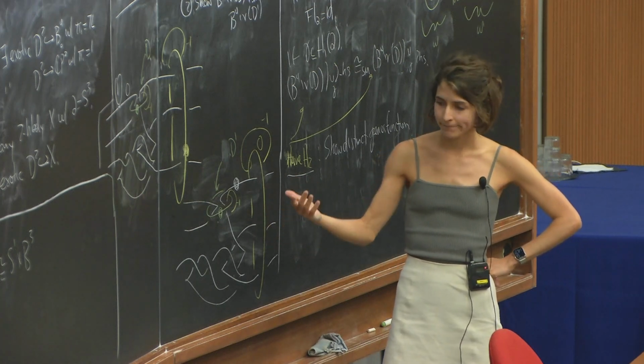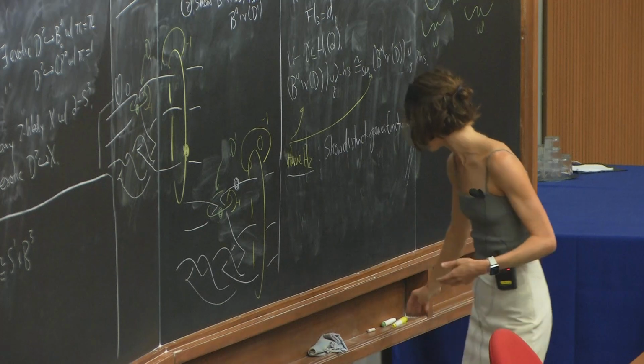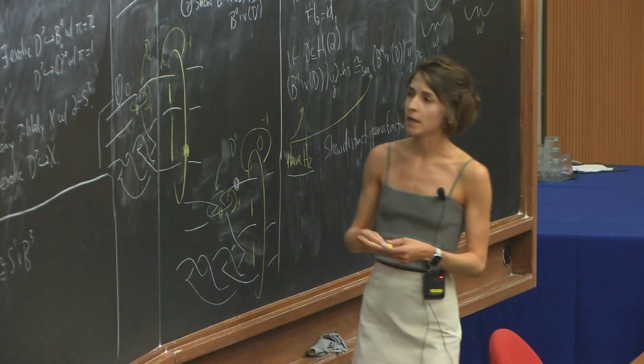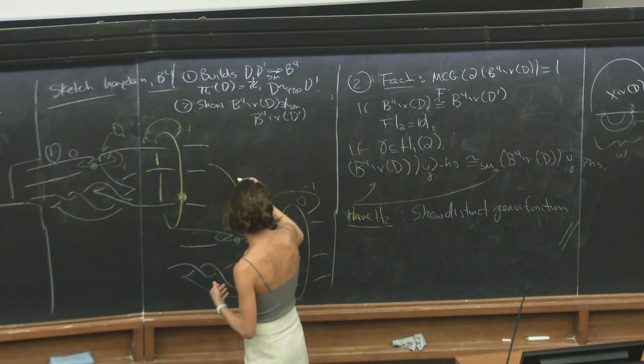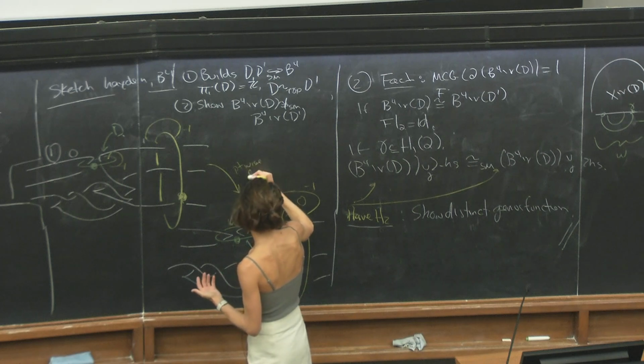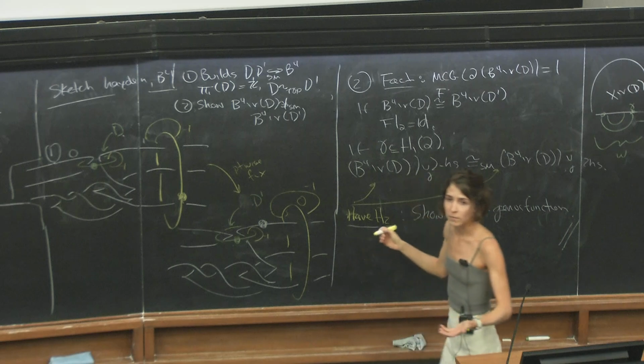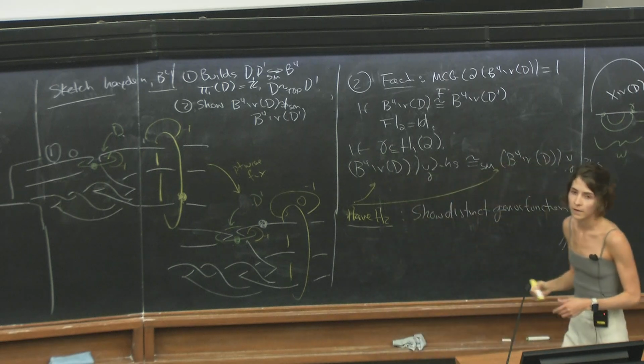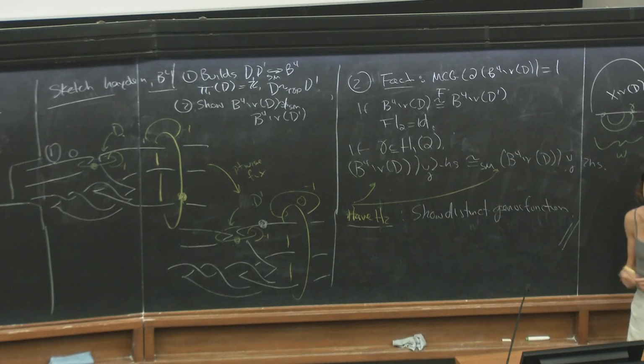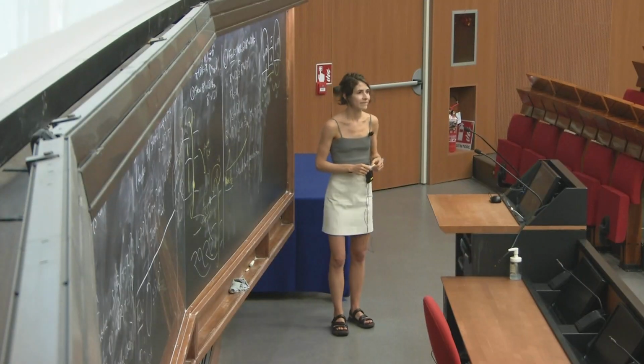So if you feel very strongly that I not call it the identity, that's fine. I'll call it the pointwise fixed map on this surgery diagram of the boundary.